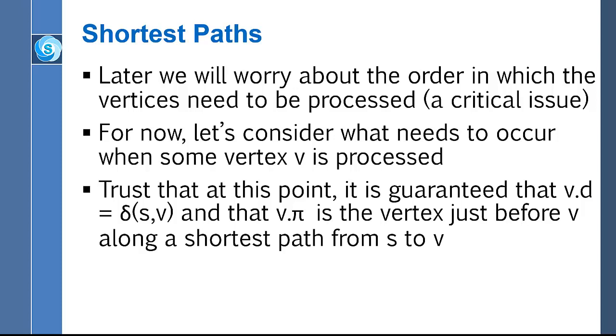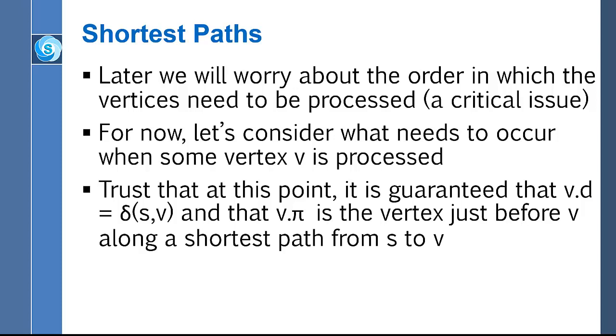Now think about this. V dot D is something that changes as the algorithm proceeds, right? Initially, V dot D is infinity. We started with V dot D equal infinity, and V dot D will change at different stages along the way.